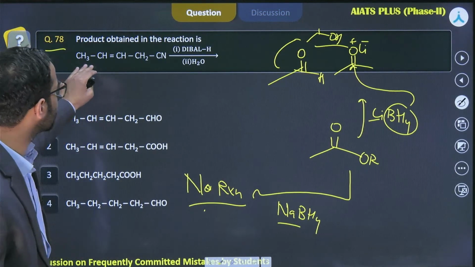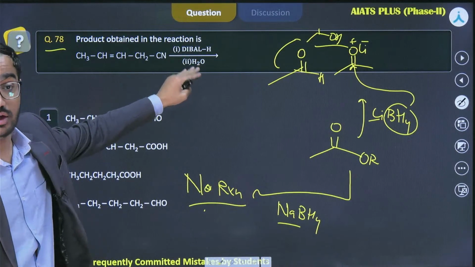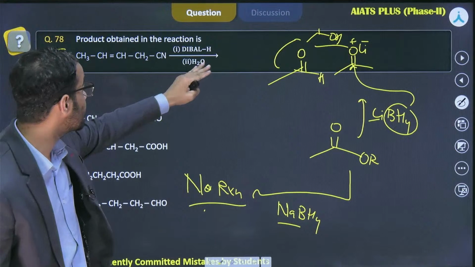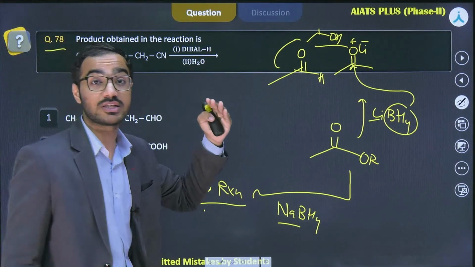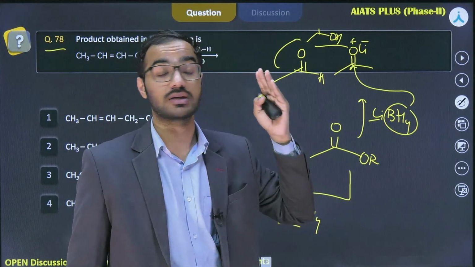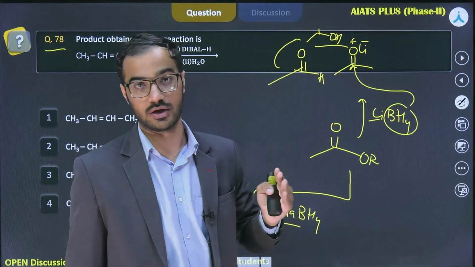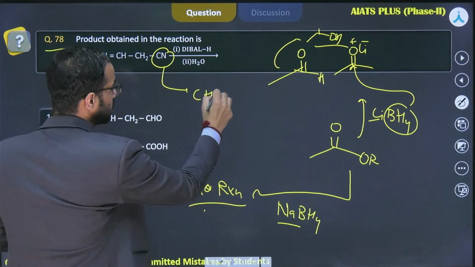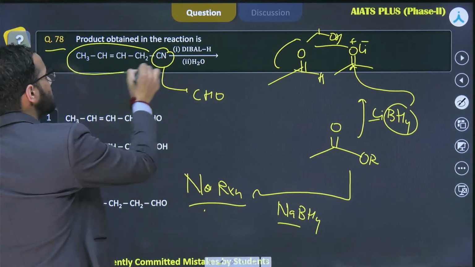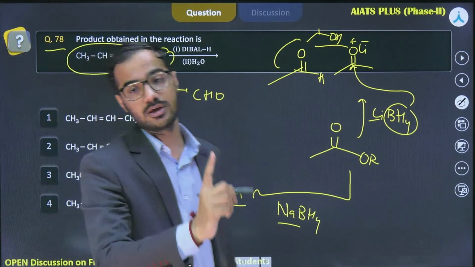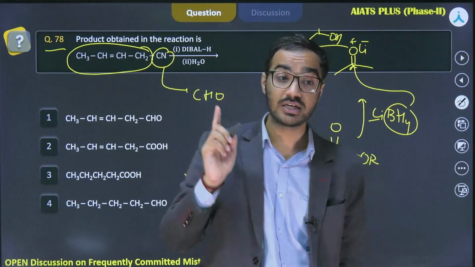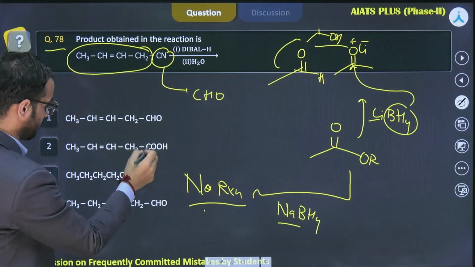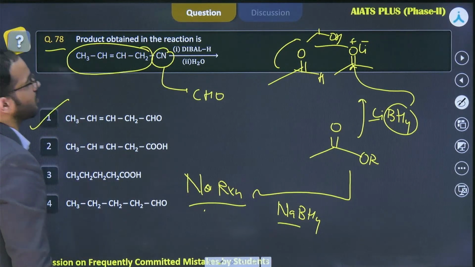We are reacting with DIBAL-H. What will you get? DIBAL-H will convert the cyanide into the aldehyde. DIBAL-H is a converter of nitrile to aldehyde, so it will transform C≡N directly into CHO, and the other substituents remain the same. So what will be the product? I hope option number 1 will be the correct answer.